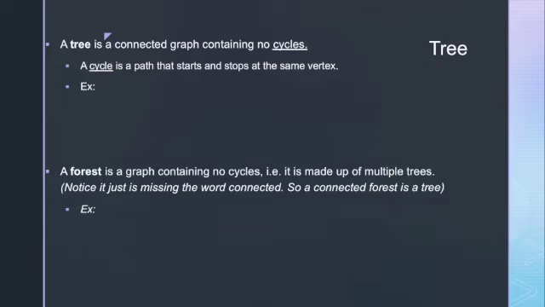So a tree is a connected graph containing no cycles. Remember that a cycle is a path that starts and stops at the same vertex. So, for example, I could have this tree, and as you can see, this is acyclic.